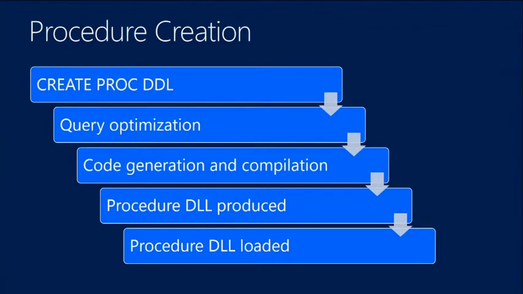So we leverage the SQL Server query optimizer to make sure we have the best possible plan, or an approximation of the best possible plan. And based on this query execution plan, we again generate C code, compile this to a DLL, and load this into memory. And only at that point is control returned to the client.